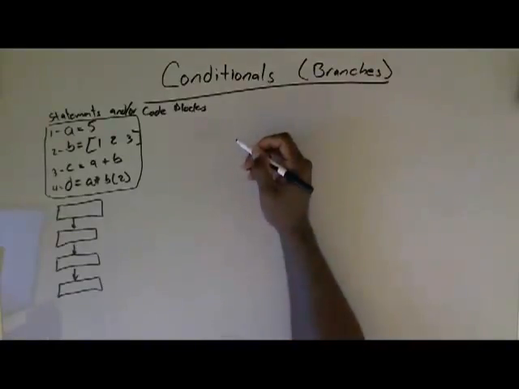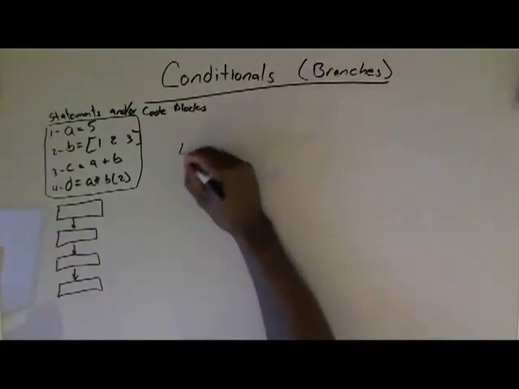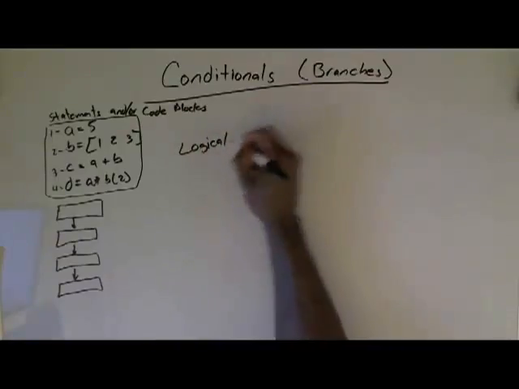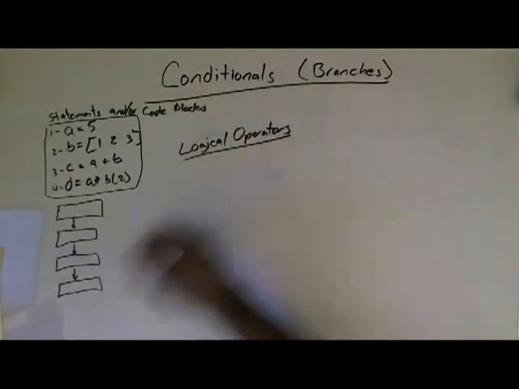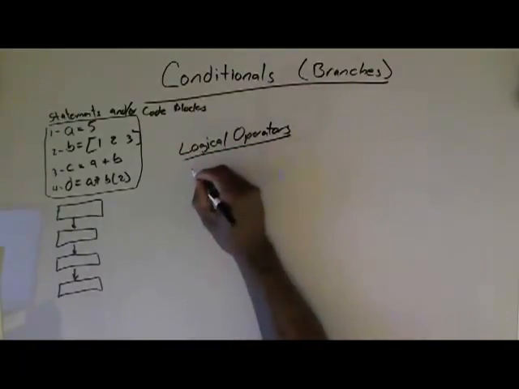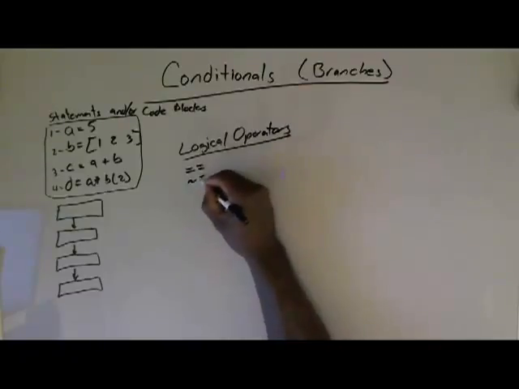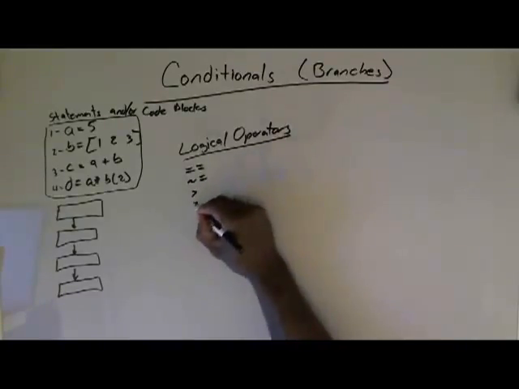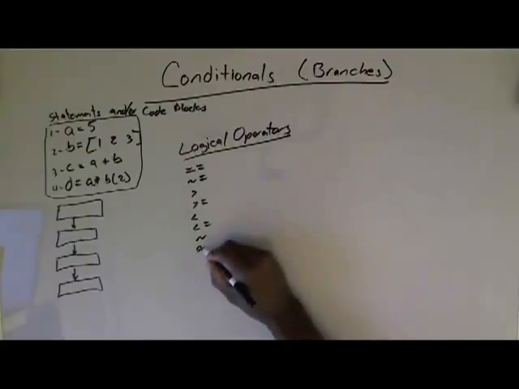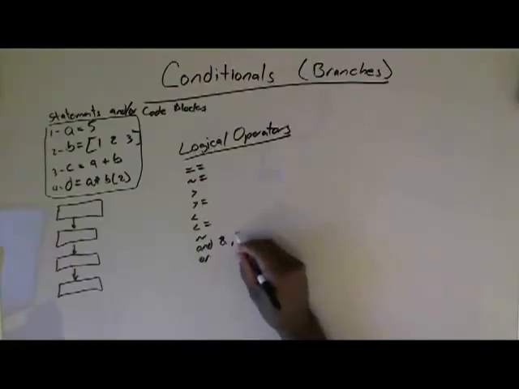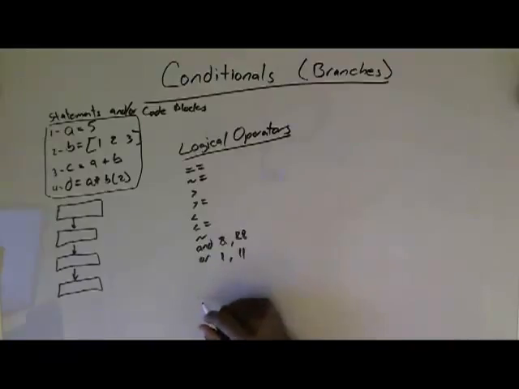We've also talked about logical operators. We spent a considerable amount of time doing that. We can test for equality, inequality, greater than, equal to, less than, equal to. We can negate something, we can do ands, we can do ors, which look like this, or this if we do short circuiting.